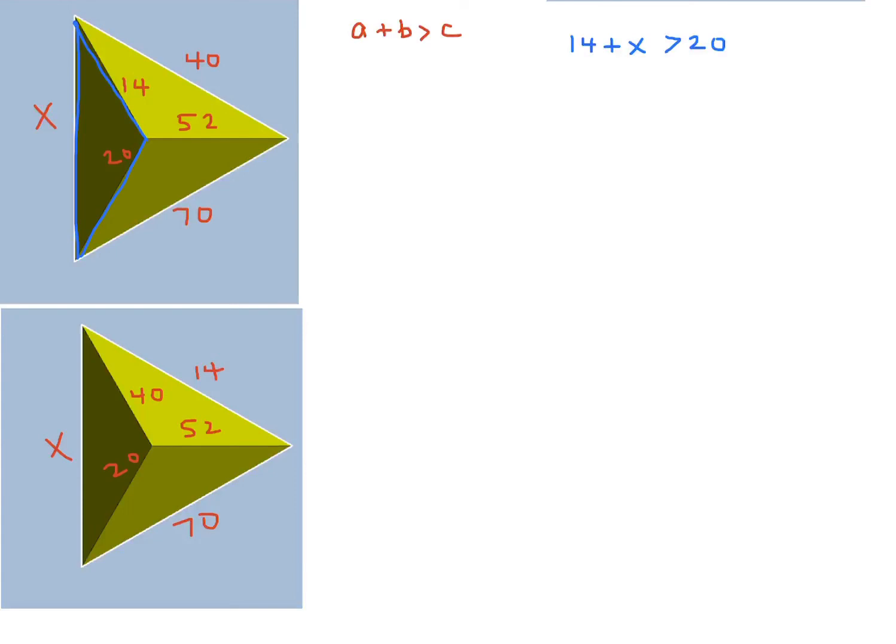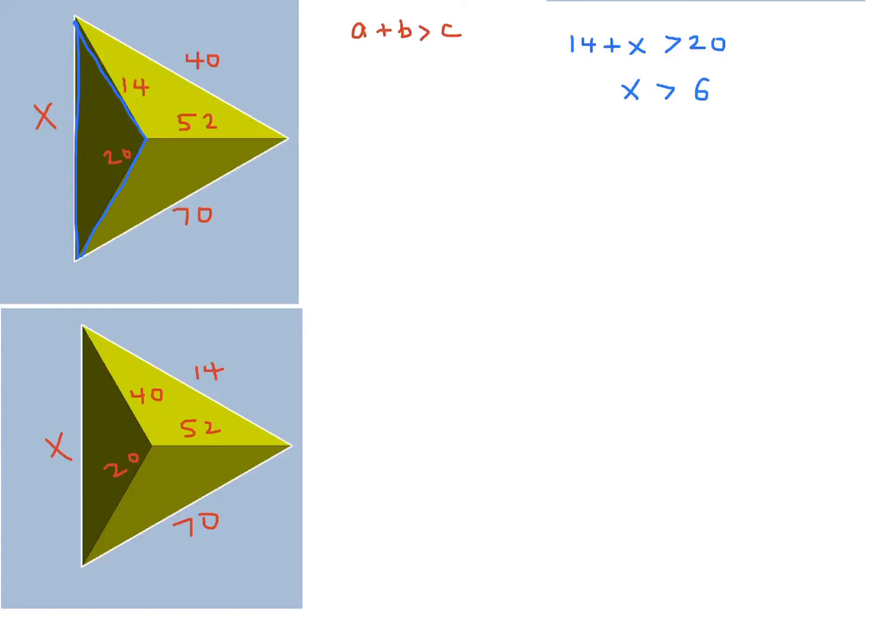I'll see if it does, but I doubt it. X plus 14 is greater than 20. So that means x is greater than 6. All right, x is greater than 6. Whoop. That means it could be anything, right? So we need a boundary.